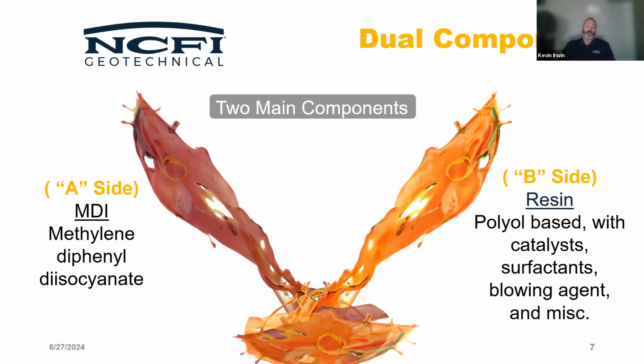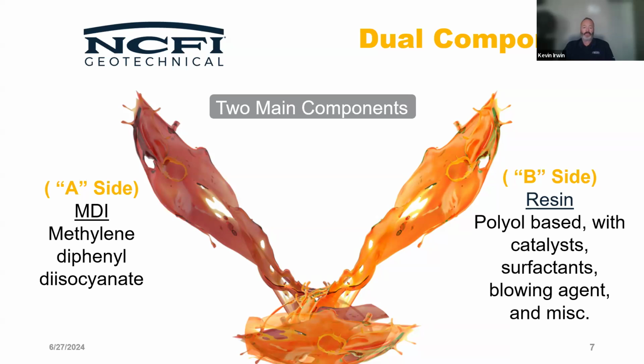Dual component polyurethanes have an A side and a B side, same as spray foam insulation that goes in attics and the walls of buildings and homes, and of course, for our application on the geotechnical side, typically underground.